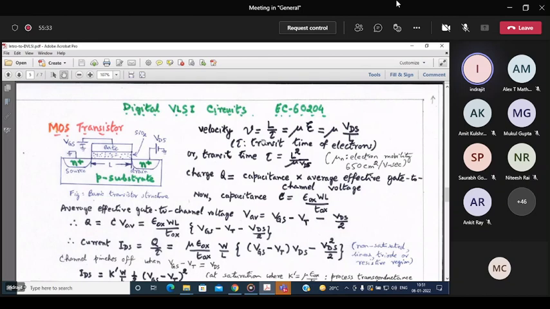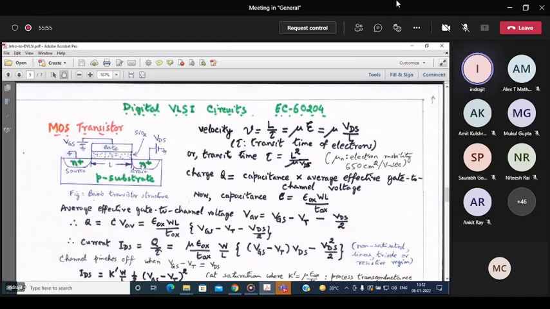So the velocity of the carriers is L by tau, where L is the channel length and tau is the transit time. And you know that velocity can be related to electric field. So velocity is mu into E, where mu is the mobility. And we are talking mostly about the longitudinal electric field, mind you.